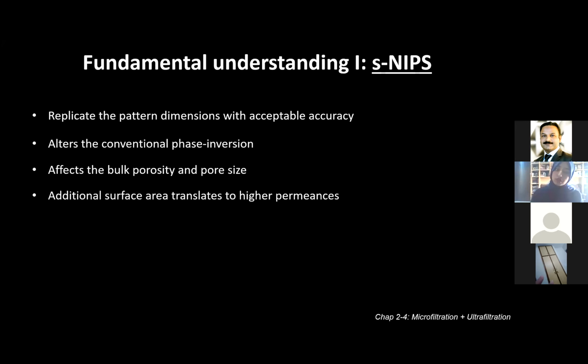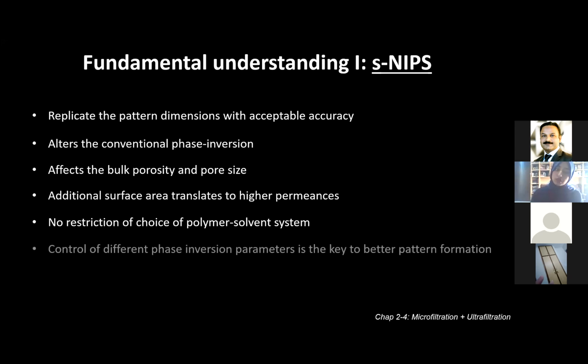On the other hand, there is no restriction in choosing a polymer-solvent system, and more importantly, controlling all of these different parameters, for example choosing the casting solvent and the molecular weight of the polymer, is the key to better pattern formation. With all of this understanding of the process itself, we could now finally study the fouling behavior over these structures.